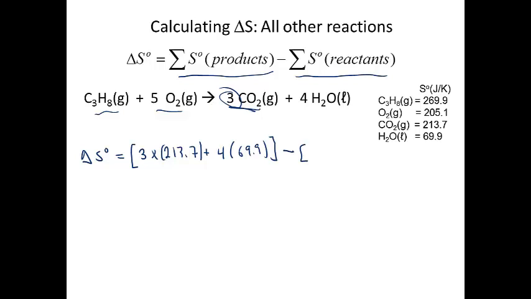So the entropy for propane is 269.9, and the 5 oxygens are 5 times 205.1. So we'll do the math on that. The products add up to 920.7 joules per Kelvin.